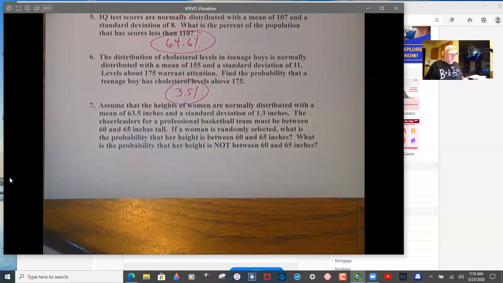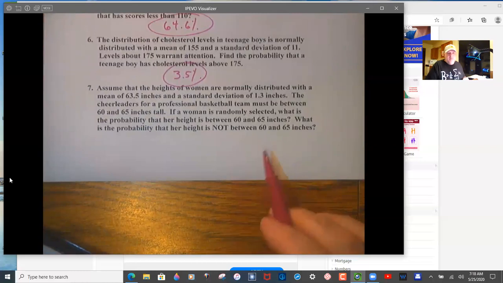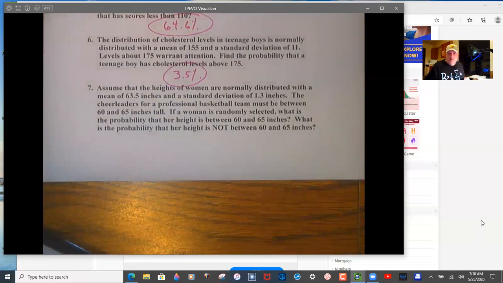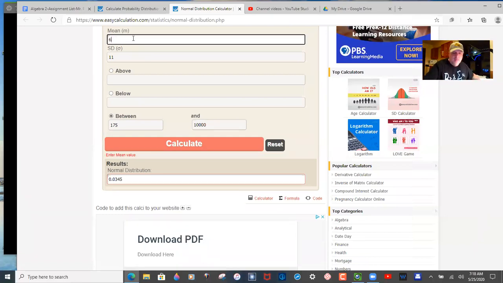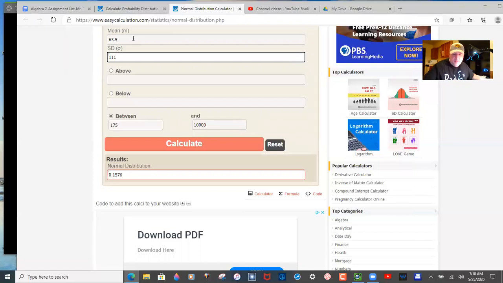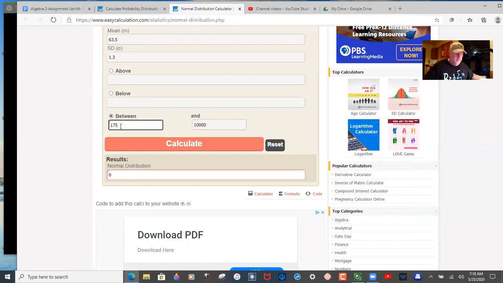So number 7, we have 2 questions to answer. One for the probability that you are between 60 and 65, and the other for the probability that you're not between 60 and 65. So 63.5 and 1.3. Again, you can go back to this, very easy to use. And then we're interested in between 60 and 65.